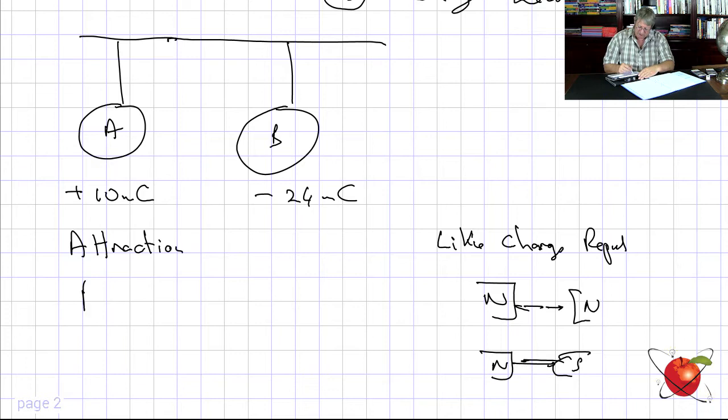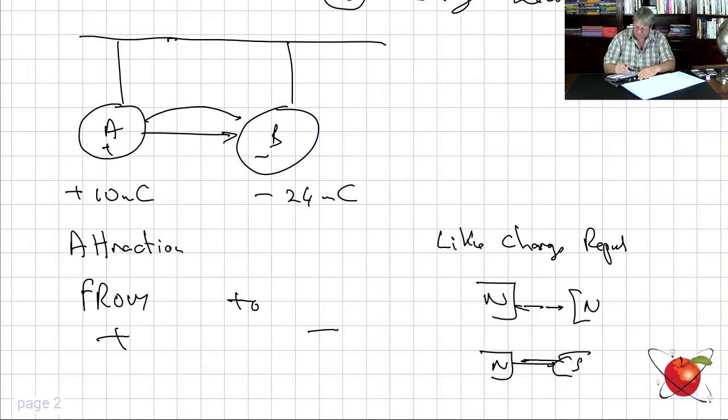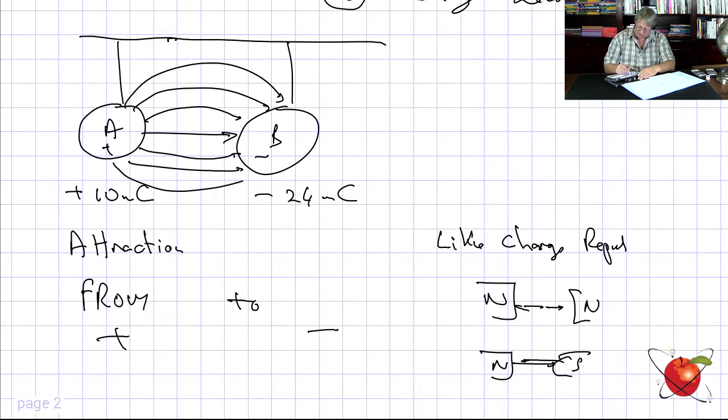Electric field from plus to minus. So we say, right, you are going to be plus and you are minus. Therefore, I draw a field that way. Right? And we know they don't cross. There's my little arrowheads. Okay, I'm not an artist. That's what she's going to look like, isn't it?